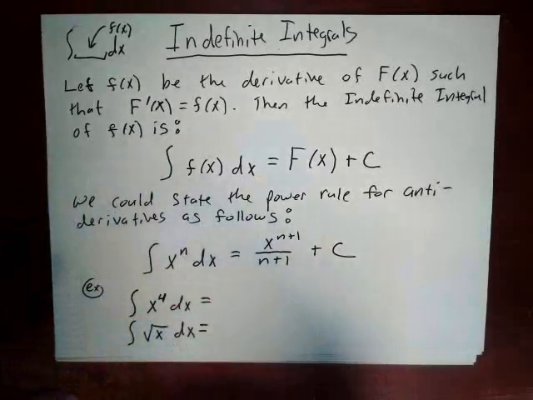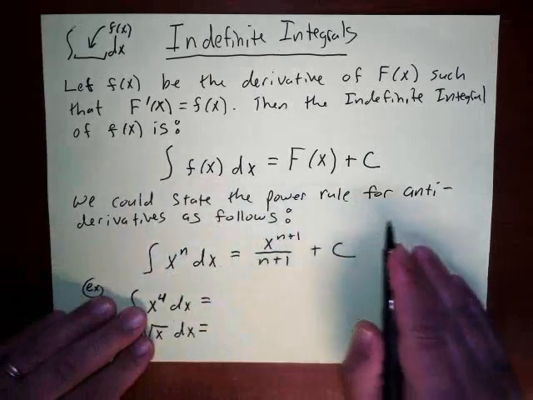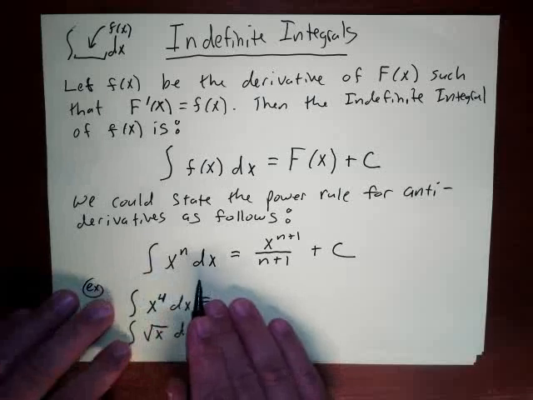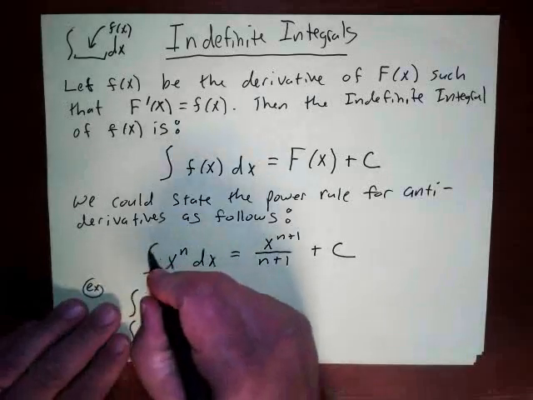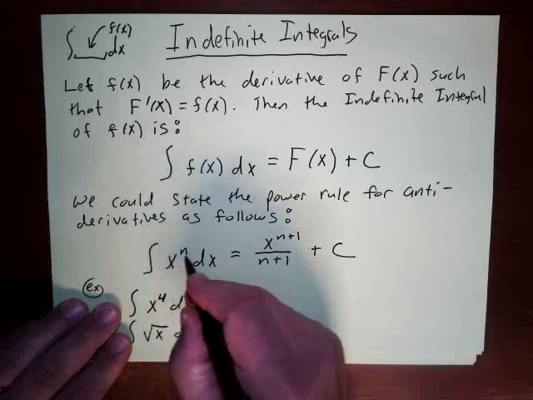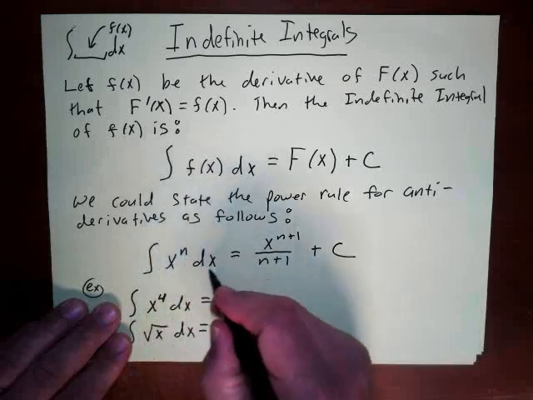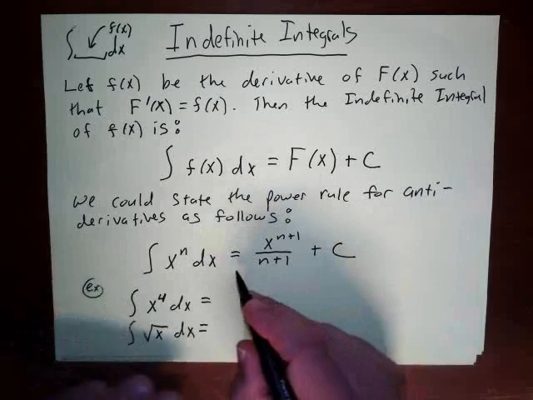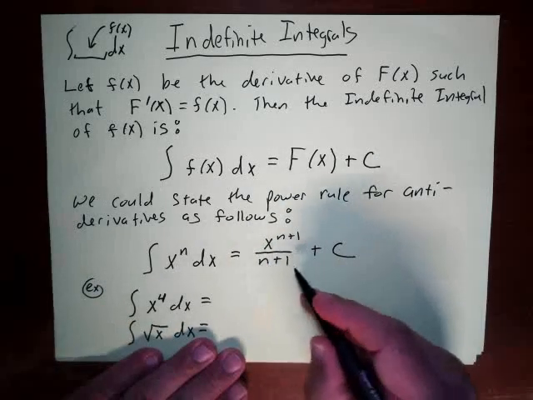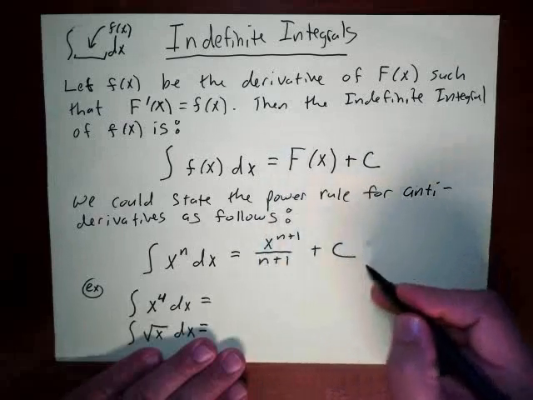so with this idea, we can state the power rule for antiderivatives as follows. We can use the integral notation. If I take the integral of x to the n, so some power of x, with respect to x, it's going to equal x to the n plus 1 divided by n plus 1, and then all of that plus c.